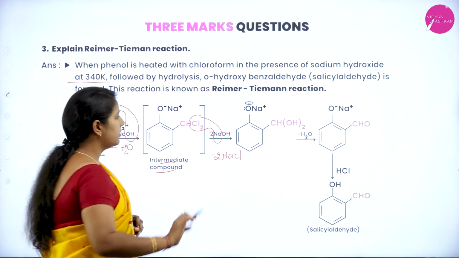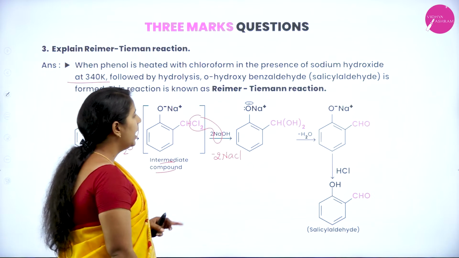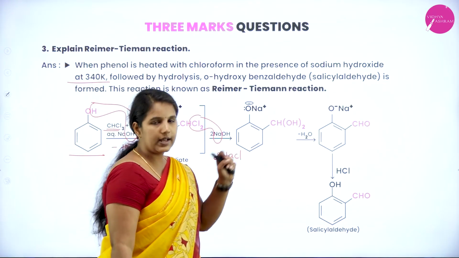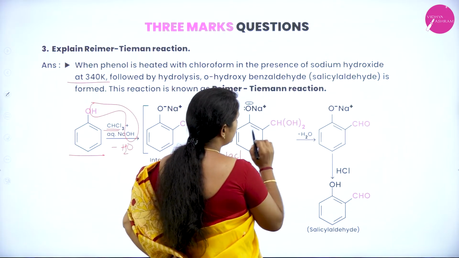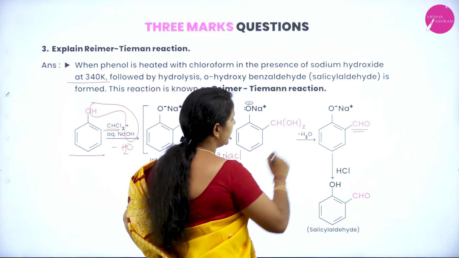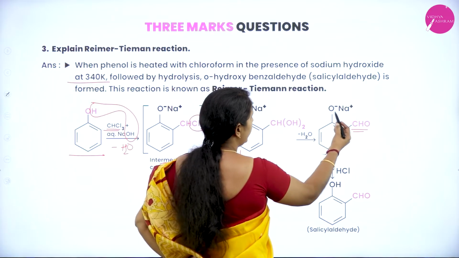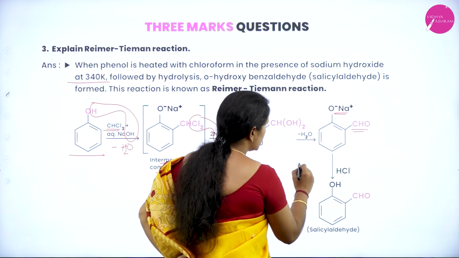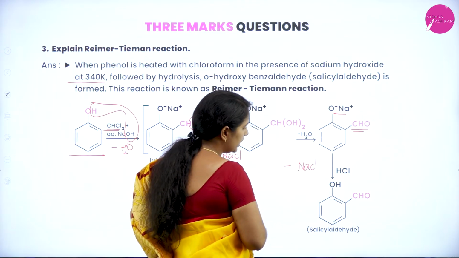So 2NaCl will be removed, and the OH goes and attacks the carbon atom and forms CH(OH) twice, which upon further acidification with water loses water, thereby getting an aldehyde at the ortho position, which upon further treatment with a very strong acid, loses the sodium and gets the hydrogen, where the sodium combines with the chloride and sodium chloride is removed.